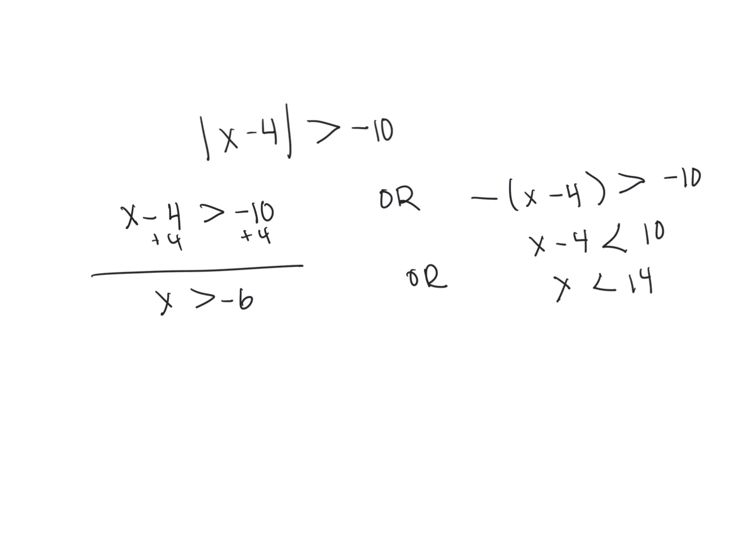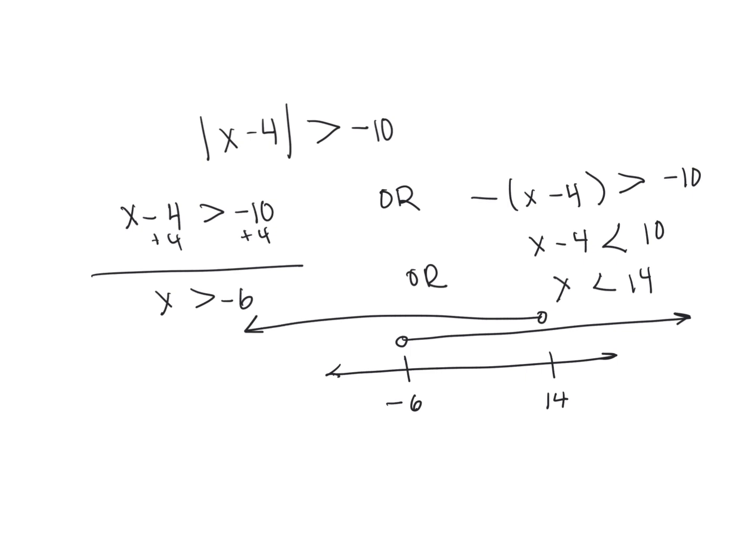So what a lot of people will do then is they'll forget that this is an or, and they'll say, oh, it's between -6 and 14. But that's not true. It is saying all the things bigger than -6, or all the things less than 14.